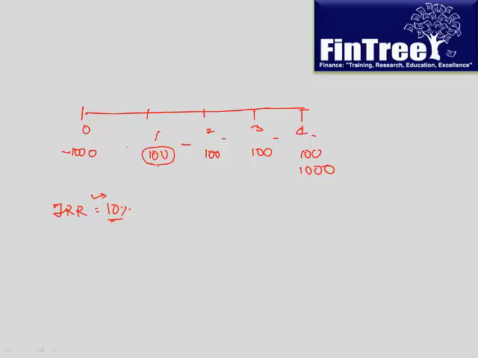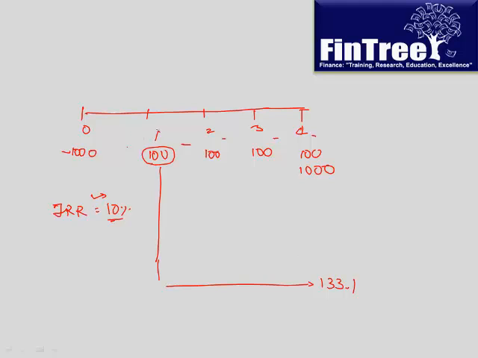So can you please solve 1.1 into 1.1 into 1.1 into 100. 1.1 cube is 1.331, exactly, with all the decimals. 133.1. So this 100 in 3 years will become 133.1.